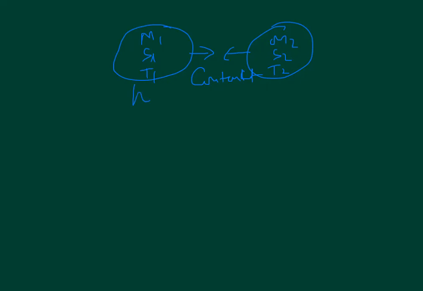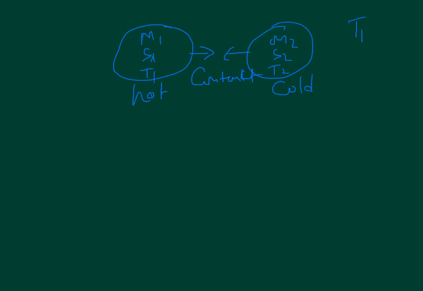So let us see what we discussed here. Two bodies of different temperature kept in contact. The two bodies have M1 S1 T1 and the other one M2 S2 T2. When these two bodies are kept in contact, one is the hot body and the other is the cold body.